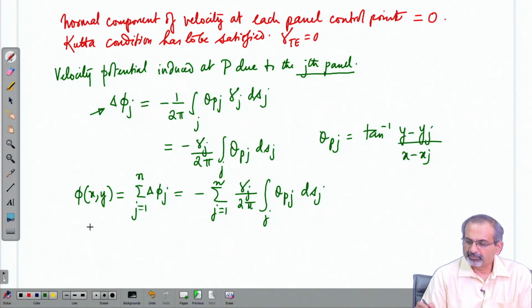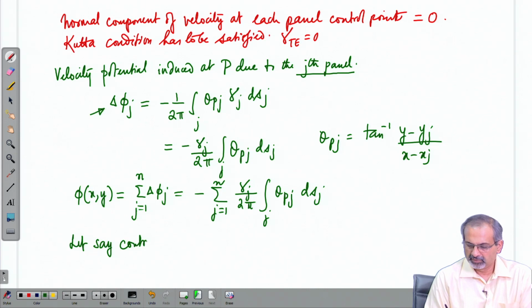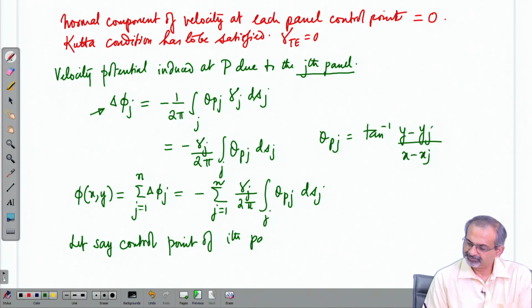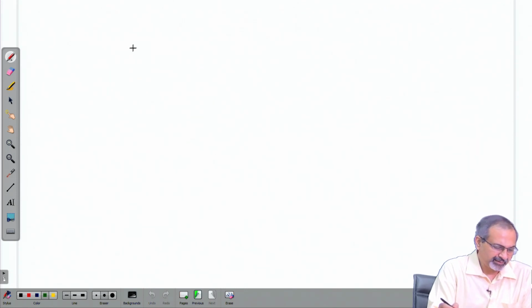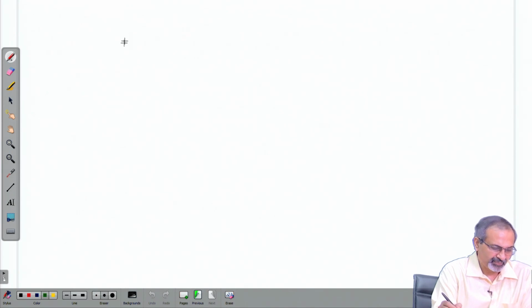Now, if you put that point P, which is basically a field point in the flow field, at the control point of, say, the ith panel, so let us say the control point of the ith panel is xi yi. In that case, what are we looking at? We are trying to find out that if the point P is put at the control point of the ith panel, then what will be theta i j?